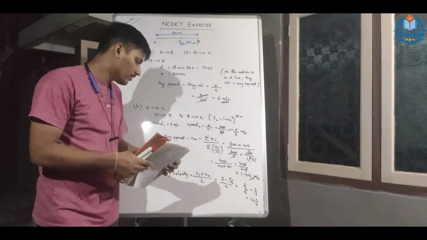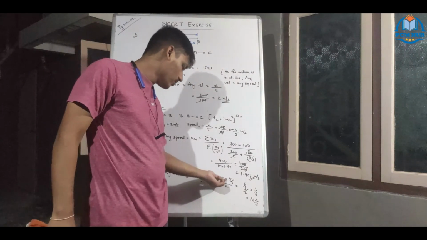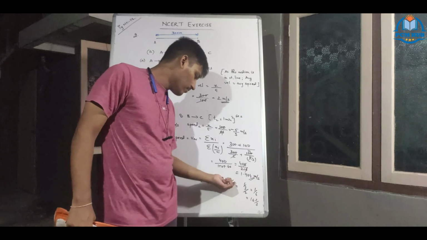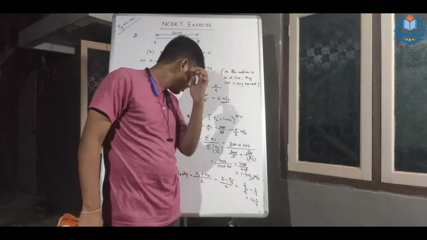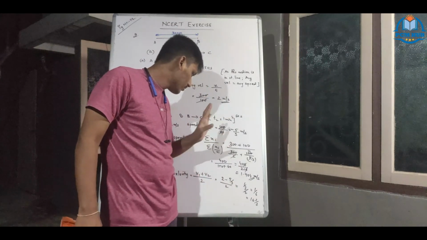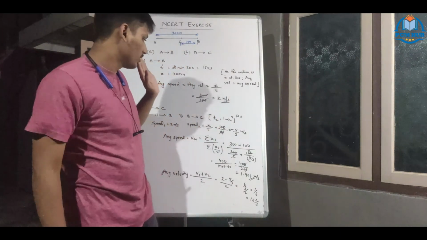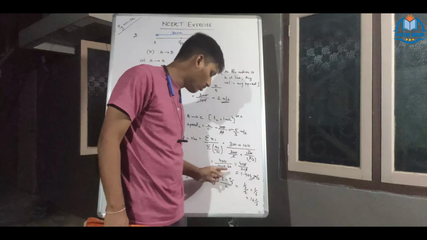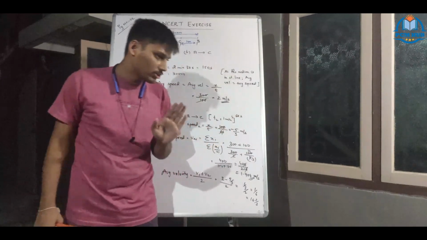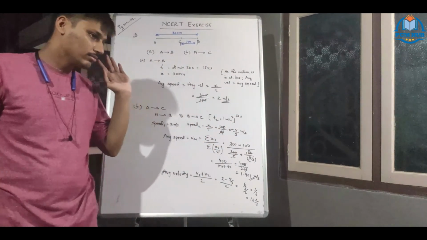So what is happening? v1 is positive 2, v2 is negative 5 by 3. 100 meters per 60 seconds, so minus 5 by 3 meters per second. 2 minus 5 by 3 is how much? 1 by 3.